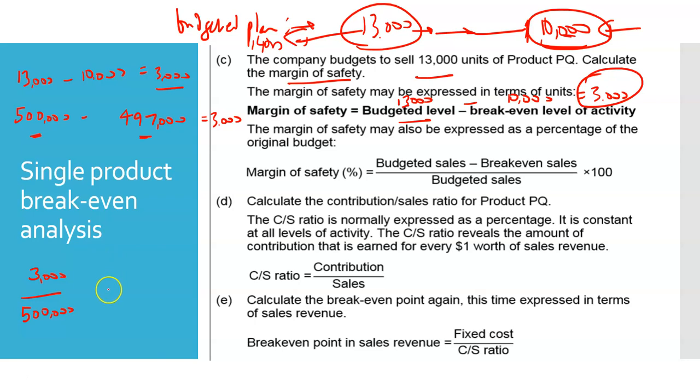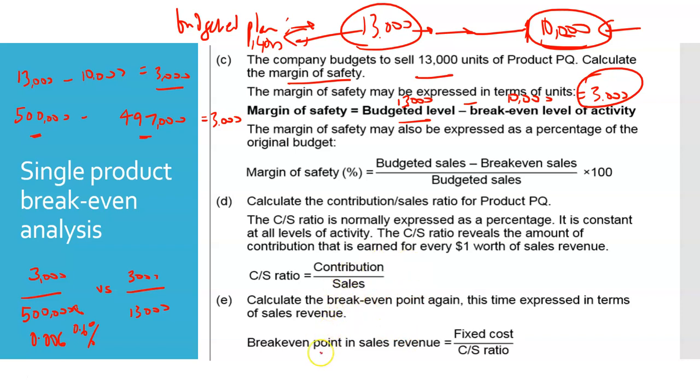It's actually very thin. So if we look at 3,000 divided by 500,000, this is 0.006, so this is really 0.6%. Here I have 3,000 divided by 13,000, which is 23%.